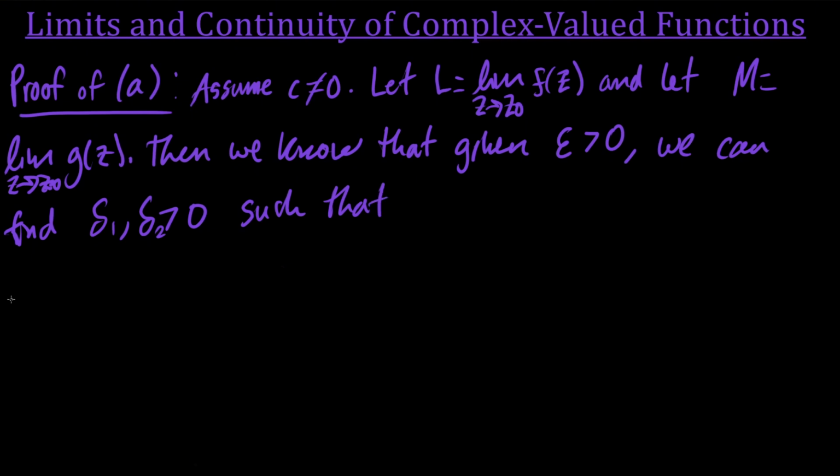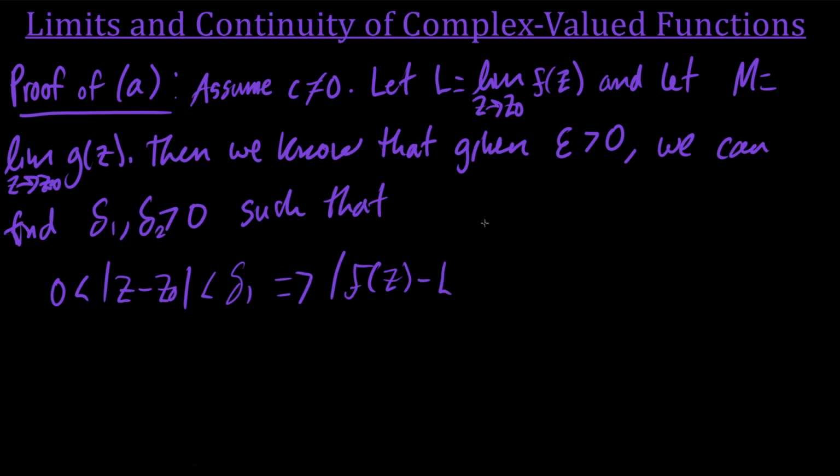And so the first condition is that the modulus of z minus z naught being between 0 and delta 1 implies that the modulus of f of z minus L, which is the limit of f of z as z approaches z naught, is less than epsilon over 2.